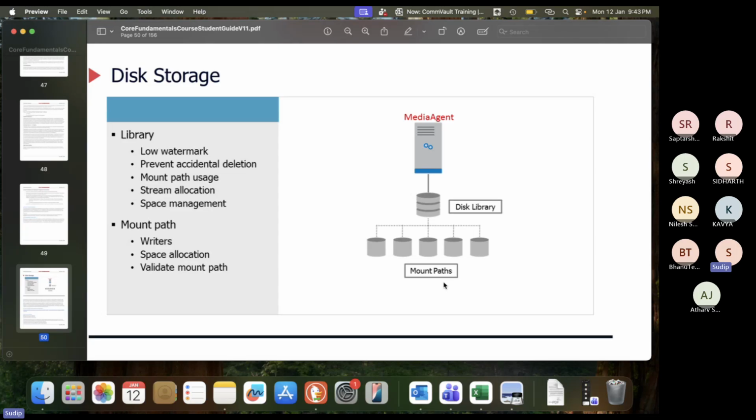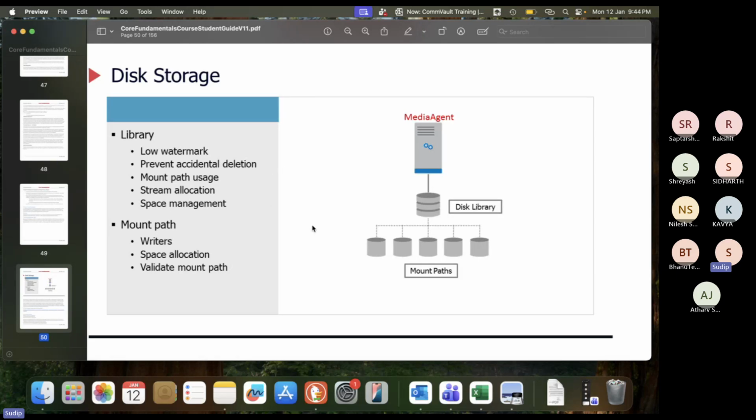While the media agent is doing these things, there are other aspects of writing data for which it provides controls. The first control is watermarks.